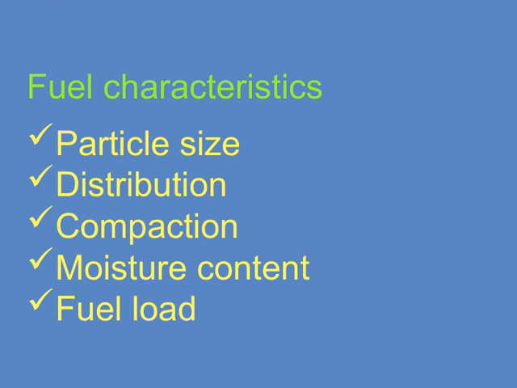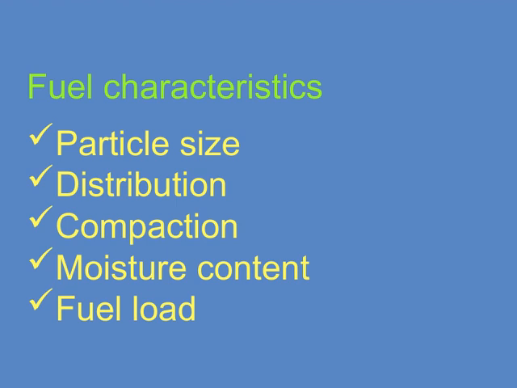Moisture content is another key factor. Higher moisture levels in the fuel slow down ignition and burning, while dry fuels ignite easily and burn more rapidly. This is why managing moisture is vital in fire prevention and suppression. Fuel load refers to the amount of combustible material in an area.